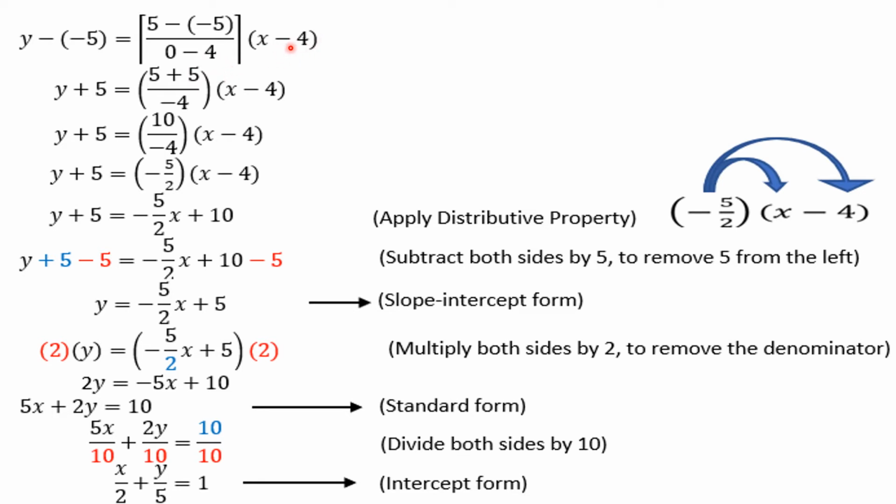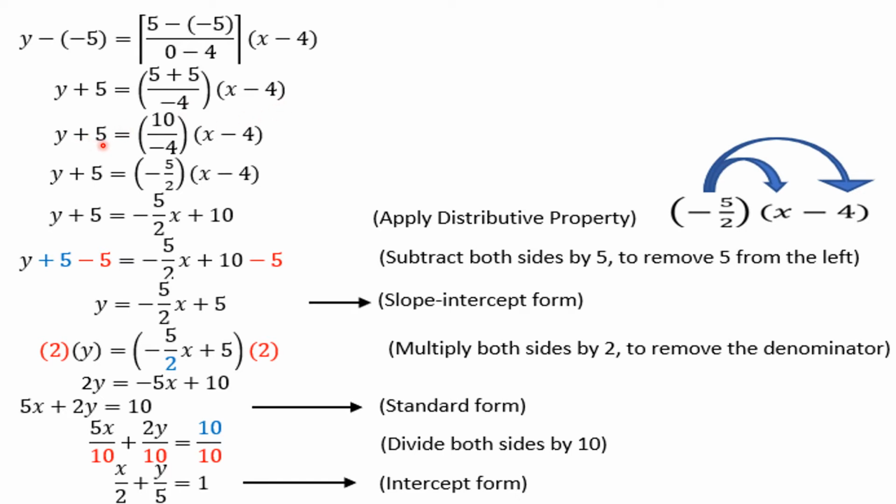Okay, x minus x sub 1, which is 4. Then you simplify: we have y plus 5, since negative times negative 5 is positive 5, equals 5 plus 5 over negative 4 times the quantity x minus 4.